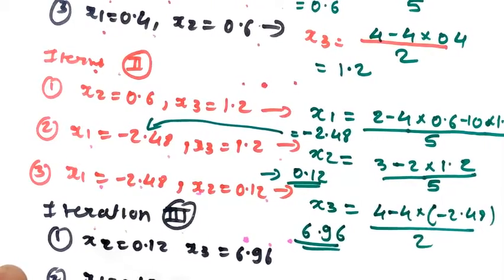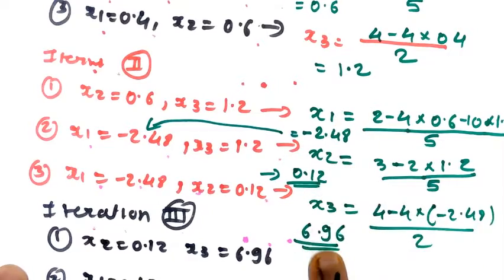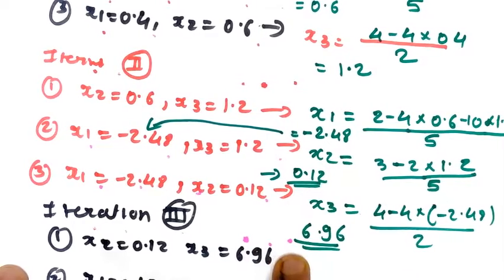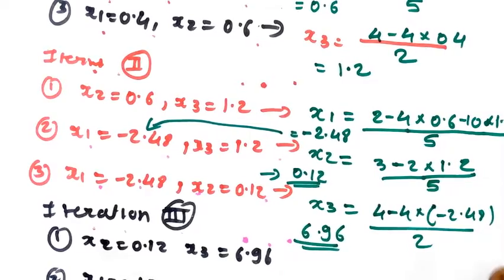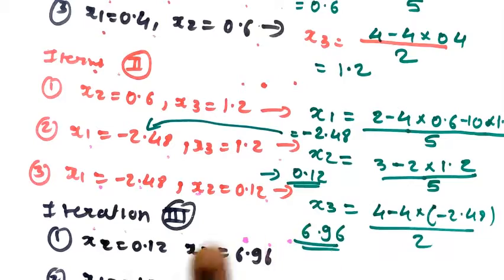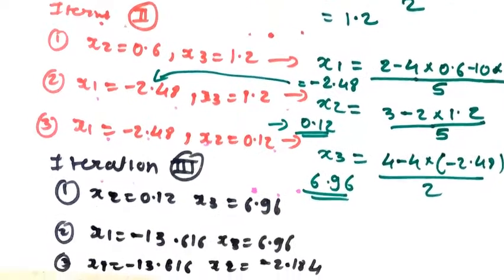So this is the new value of x3. So the new values of x1, x2, x3 that we have got: x1 equal to minus 2.48, x2 is 0.12, and 6.96 for x3. Again, if we go for the third iteration, these are the initial values for the next iteration.